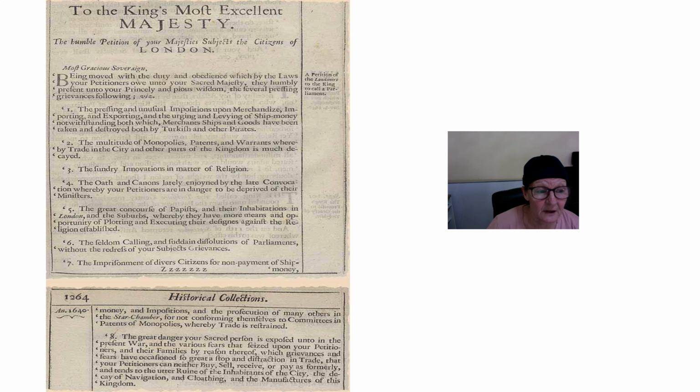And here the complaint is the oath and canons, meaning the Catholics, lately enjoined by the late convocation, whereby your petitioners are in danger to be deprived of their ministers. It means that their ministers were going to be usurped and thrown out because the Catholics and the Jewish leaders and the Islamic leaders were in the country taking it over.